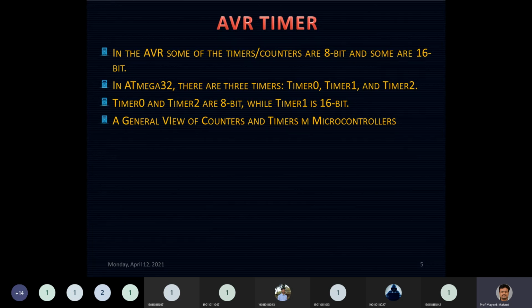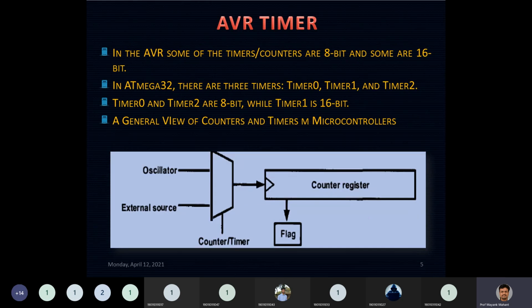The general view of a timer and counter in our microcontroller is something like this. Generally every microcontroller has this kind of internal architecture or block diagram: there is a register where we can load a value or check it for comparison, and the clock can come from 2 different sources.